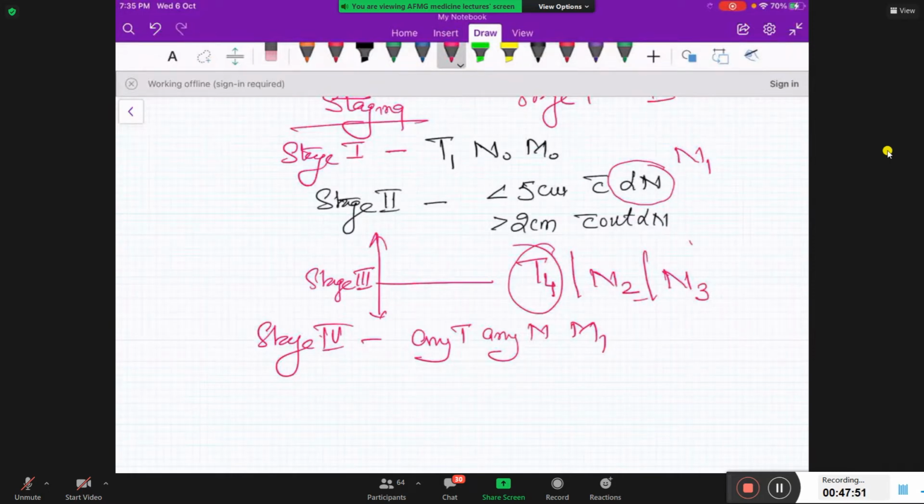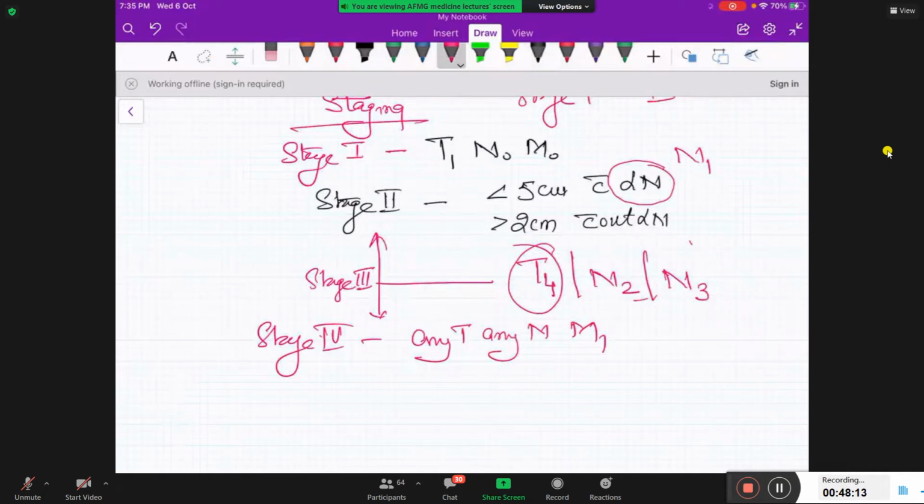The moment it is N2, the moment it is N3, stage 3. सबको समझ आ रहा है? पक्का? हाँ? Patient comes to you with a 6 centimeter lump in the breast, with matted lymph node in the axilla, with no distant metastasis.